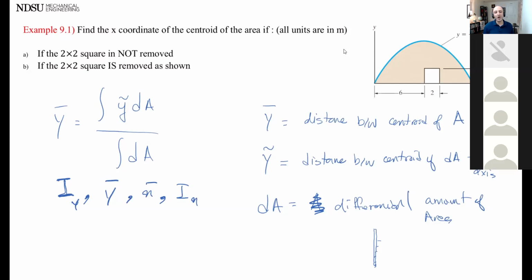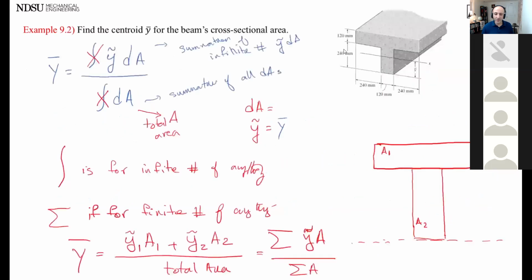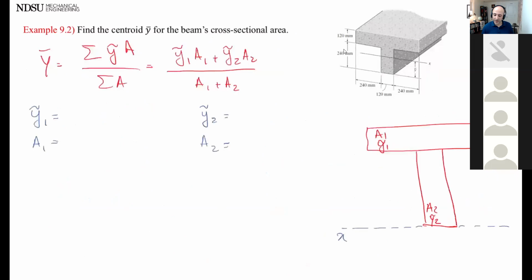Do not use Y instead of Y tilde. Do not say area instead of differential amount of area. Do not say distance of centroid to axis instead of distance of, I don't know, area to axis. So try to be precise, try to be good engineers and good students, right off the bat.